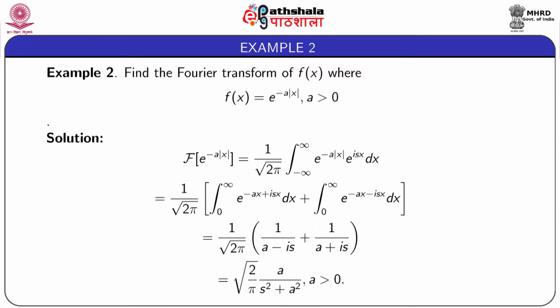So, the integral from minus infinity to plus infinity can be divided into minus infinity to 0 and 0 to infinity, where in minus infinity to 0 the function e to the power minus a mod x is equal to e to the power a x, and in the interval 0 to infinity this function e to the power minus a mod x becomes equal to e to the power minus a x.